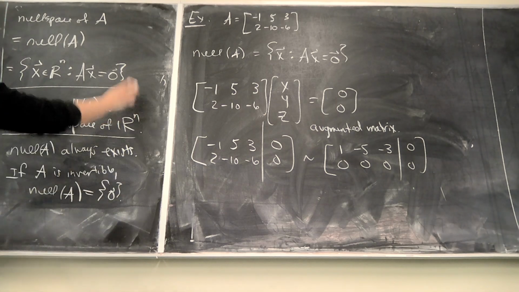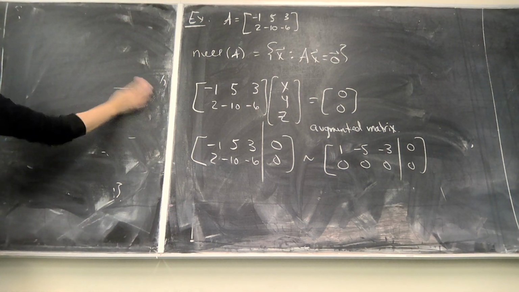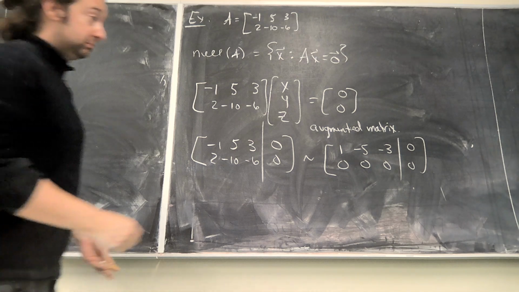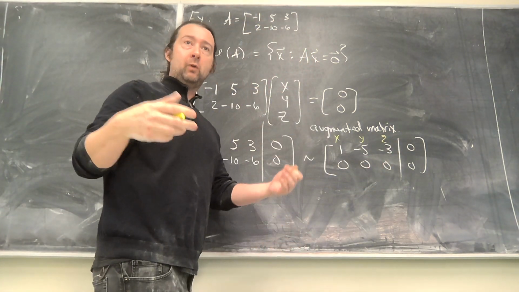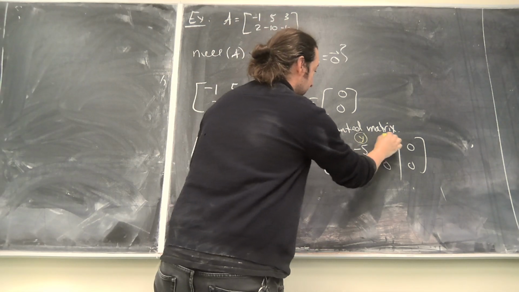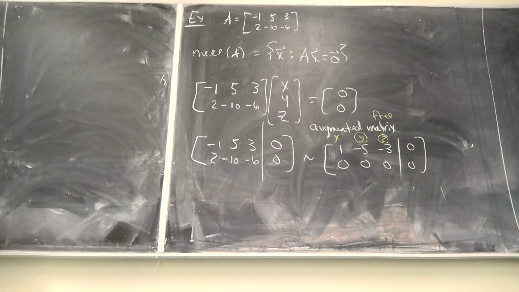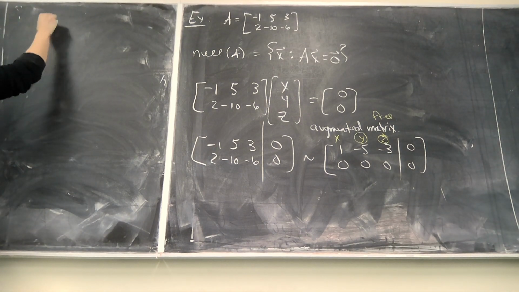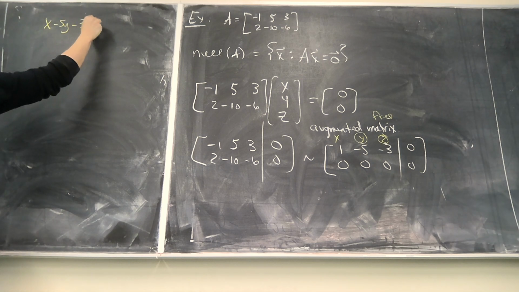The whole point of me pushing you to write the vector form of the parametric solution sets is going to happen right now. What are the free variables in this problem? y and z, or x2 and x3. So these are free. Written parametrically, the equation is x minus 5y minus 3z equals 0.